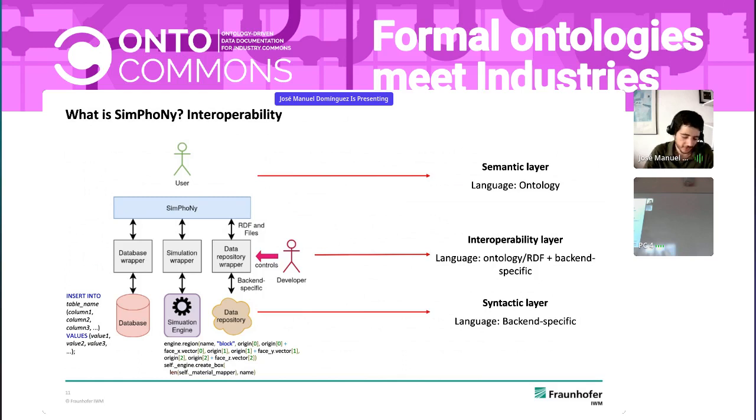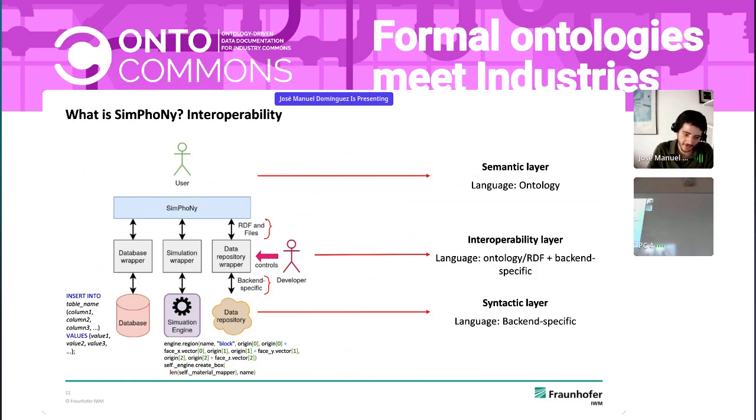This is something that a developer has to write, and using an API that is defined by us, you implement a few methods, and then you can essentially translate the language that is spoken in the inner layer of Symphony, which in the end is based on RDF but also supports files, into the backend specific commands that the software products are using.